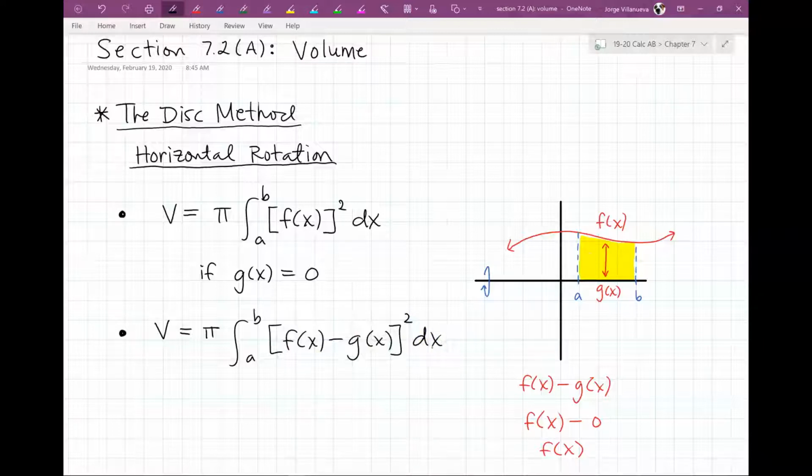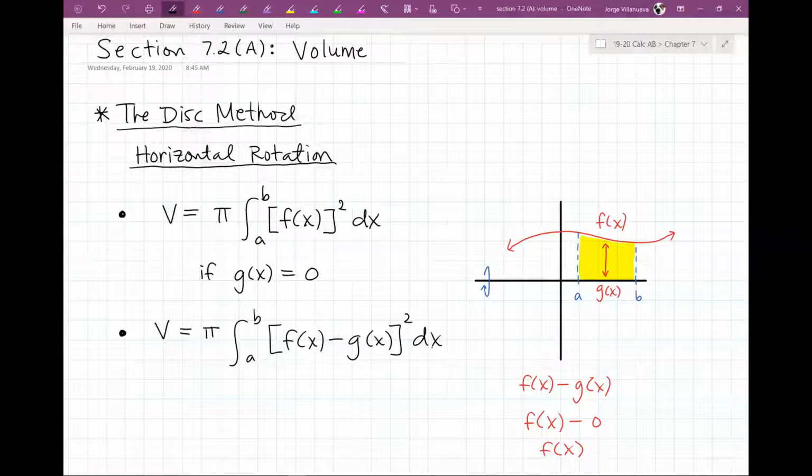Notice how it's basically your area formula that you learned in 7-1, okay? But we're squaring it, f of x minus g of x squared, and then instead of just integral from a to b, we're putting pi in the front. So there's a pi now, and we're squaring the area.